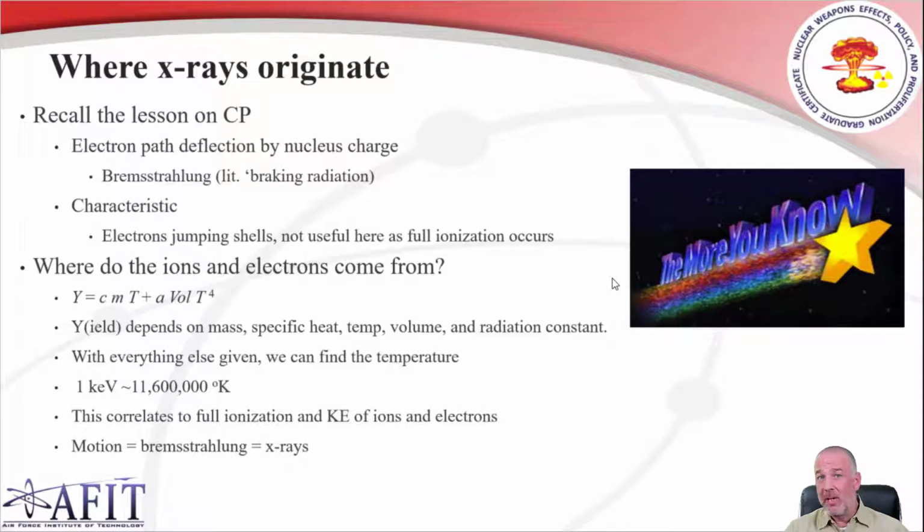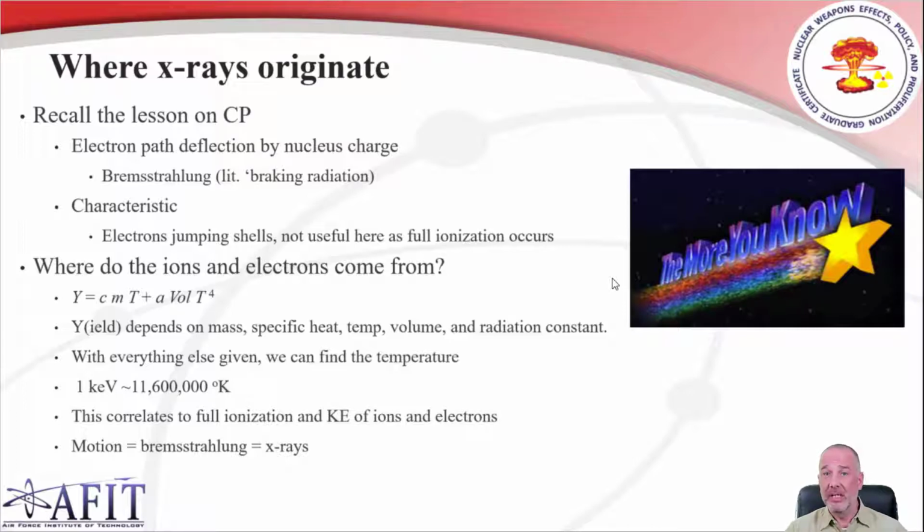So now we correlate temperature to kinetic energy. If we're at millions of degrees, that means that all of the atoms within this material have a ton of energy. In fact, they'll have so much energy that they're going to fully ionize, that is, eject all of the electrons that they have. So now you have a plasma that has electrons that are moving around at the speed of whatever that kinetic temperature is, and you have a bunch of nuclei.